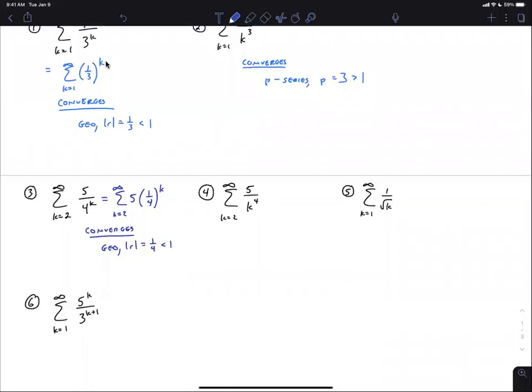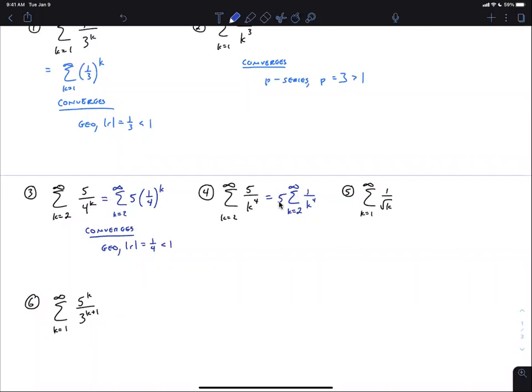On problem 4, I guess maybe I should have done an example like this with you beforehand, but you can factor the 5 out as a constant multiple. It's almost like what we did with integrals, where we would factor out constant multiples like that. And so the idea we discussed last week is that, okay, if this series converges, then that means it goes to a finite number.